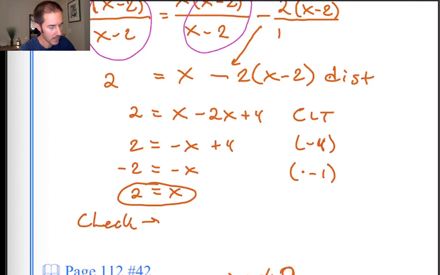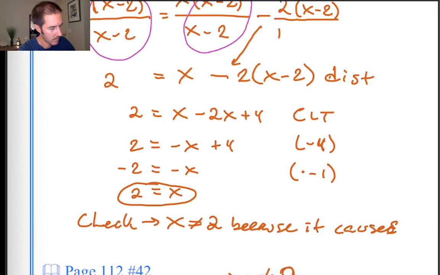If we do a check, we see that x is not allowed to equal positive 2 because it causes, that's an S, so bad, causes division by 0.